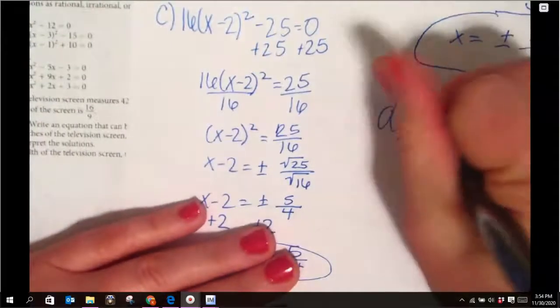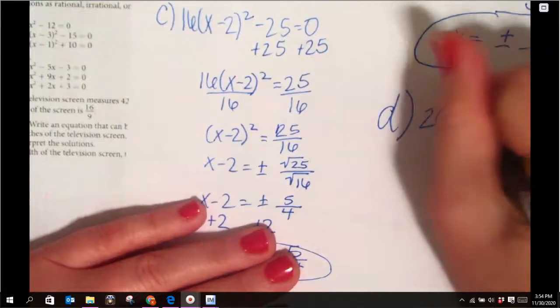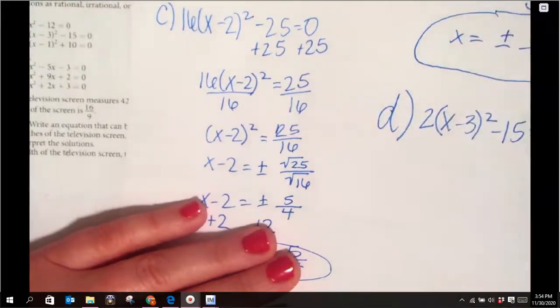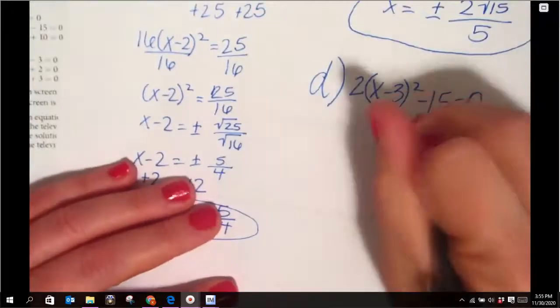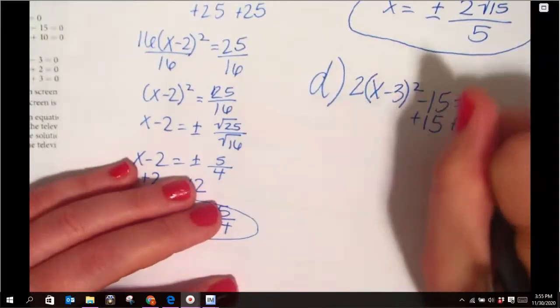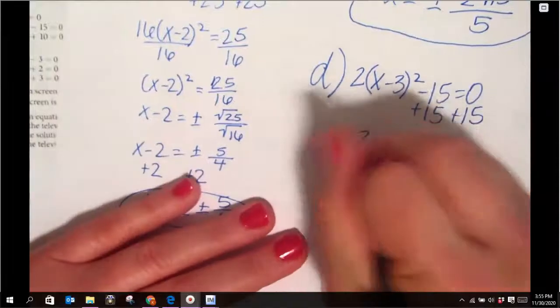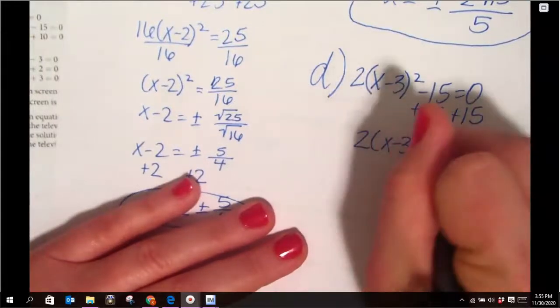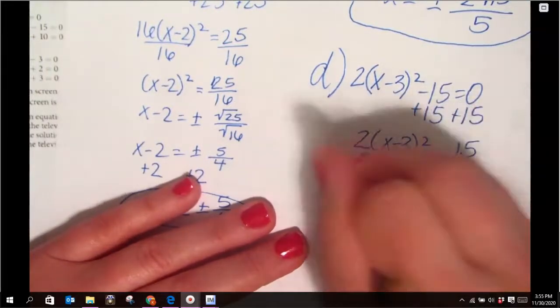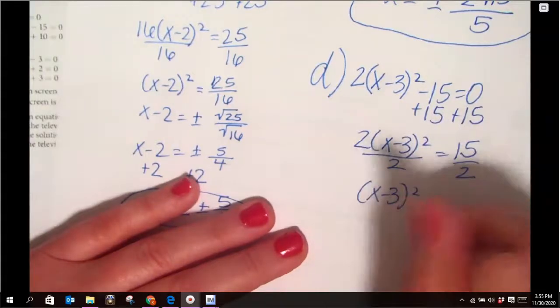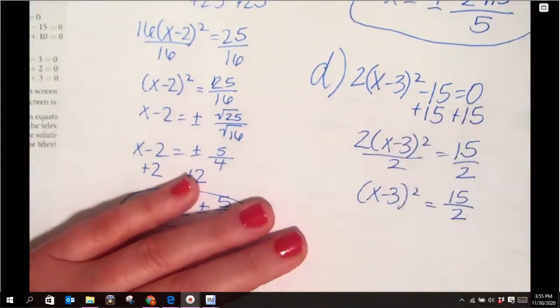D, 2 times open parentheses x minus 3 squared minus 15 equals 0. First thing I'm going to do is add 15 to both sides. 2 times x minus 3 squared equals 15. Divide by 2. X minus 3 squared equals 15 over 2.